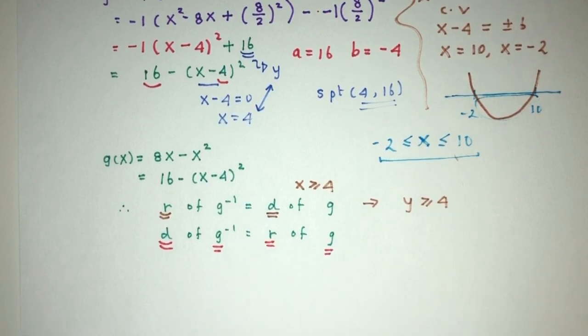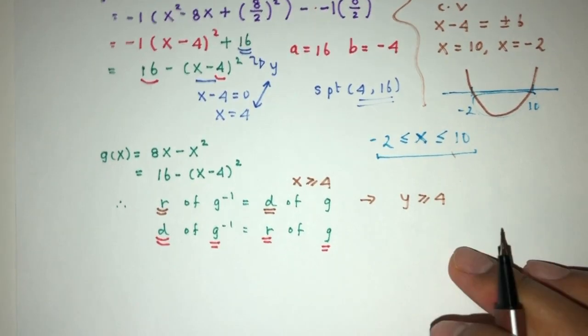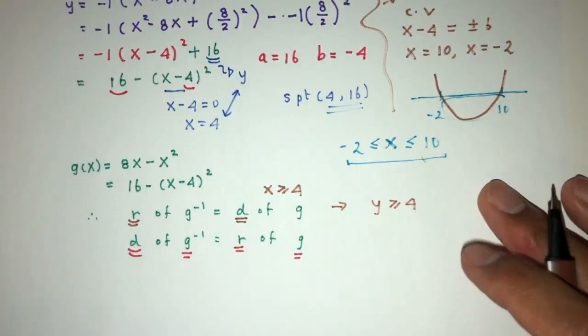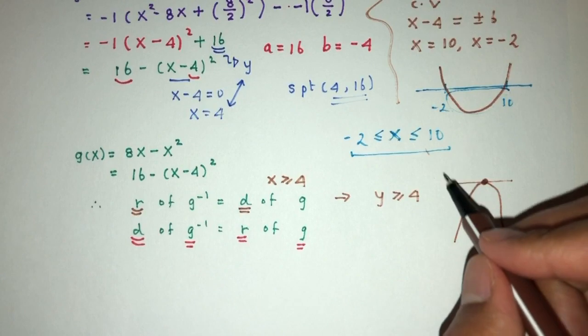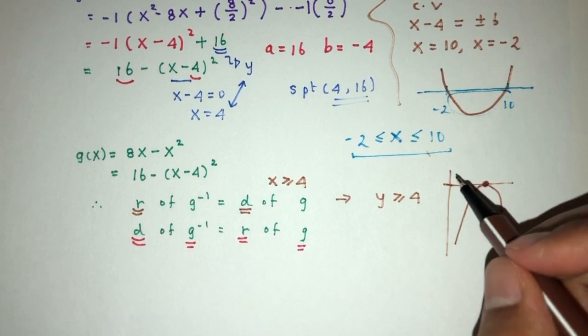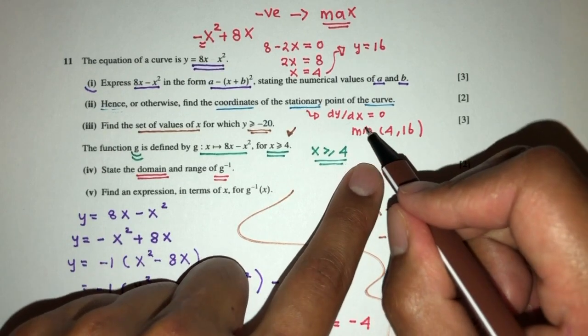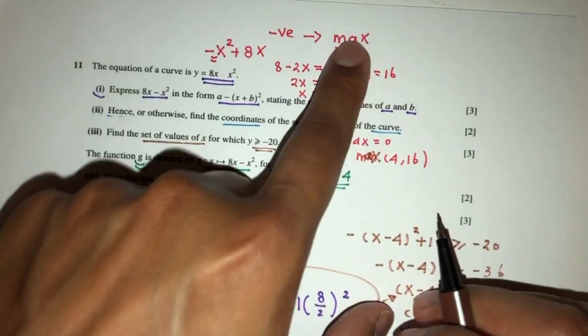Now pretty easy. We know the graph shape of g. The graph is what? It is a maximum curve, something like this, right? And the maximum point here for the y value was found to be 16, right? This is actually the maximum point, not the minimum point, maximum point.